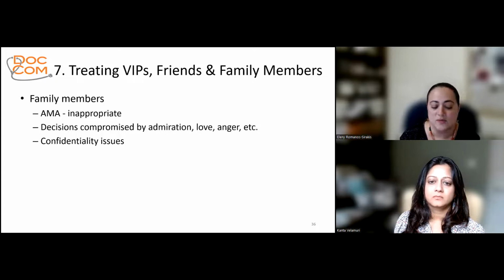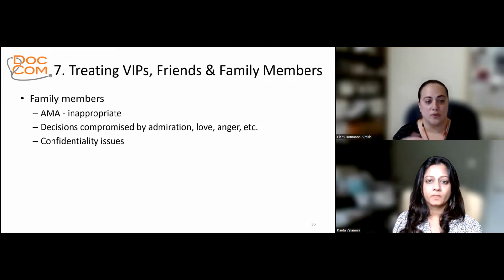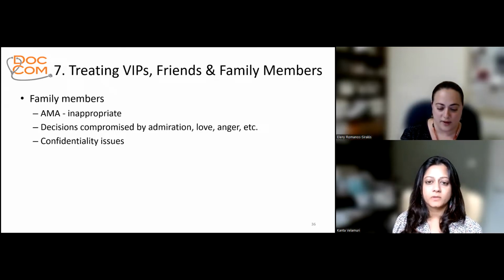So the decisions may be compromised by our feelings or by the information. And there are also confidentiality issues. Again, if you have sensitive information from your cousin or your cousin's child, and the mother wants to know about it, it's not something that you can disclose, similar to if the patient was in your office.